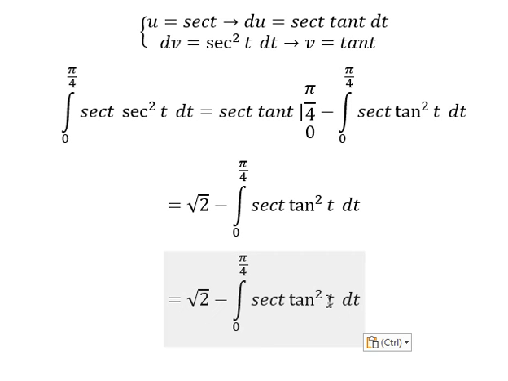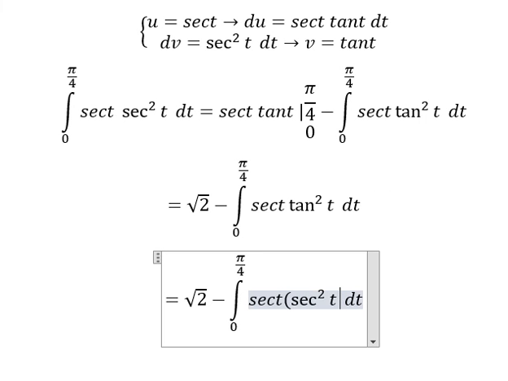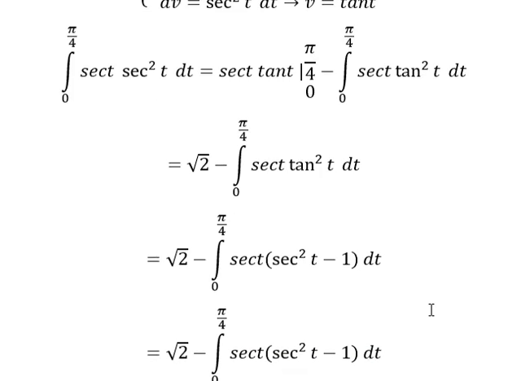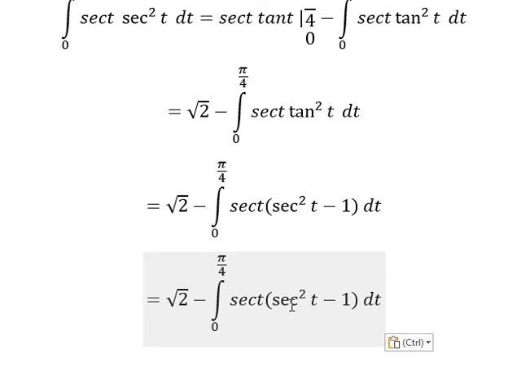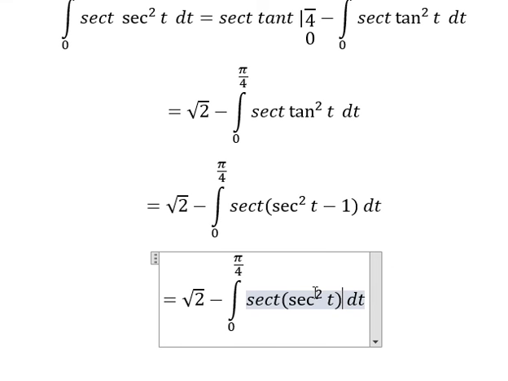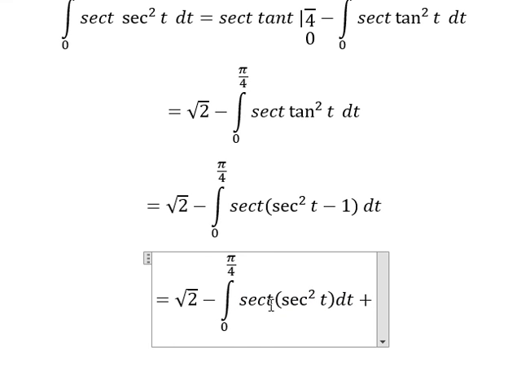Next, about tan t squared, we change it to secant of t squared minus 1. So secant of t multiplied by secant of t squared and negative number 1. Negative with negative, we have positive.